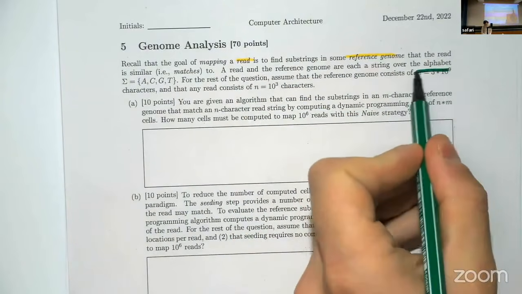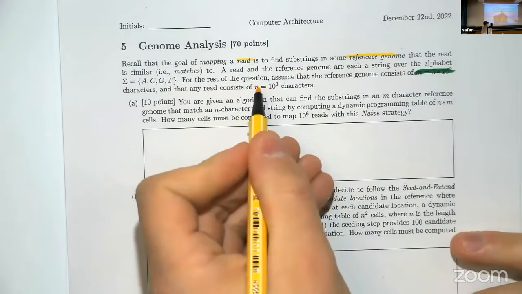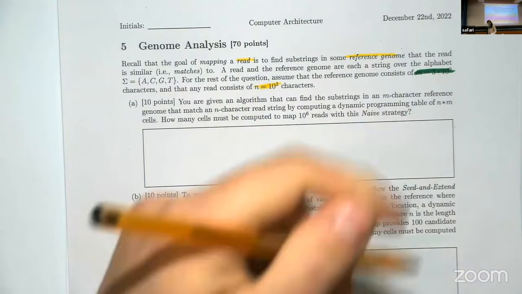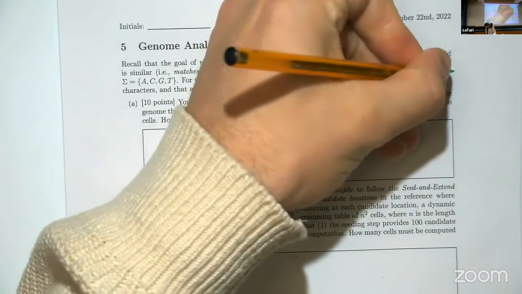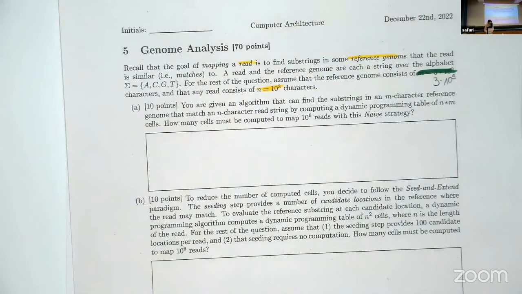The reference genome is 3 times 10 to the 9 characters, so 3 billion. Maybe I can write it down again. 3 times 10 to the 9. There we go. Now it's visible again.